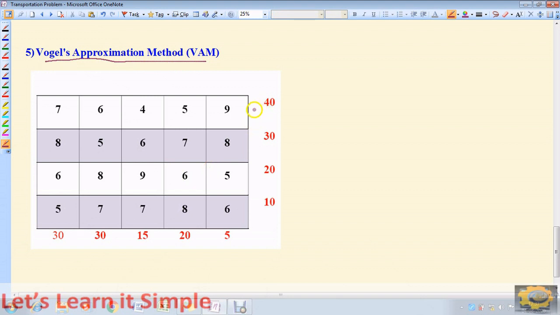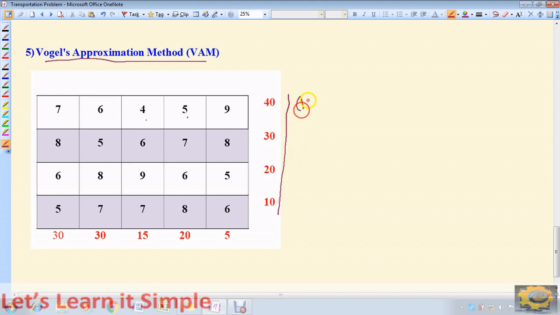Now by this method, in each of the rows as well as in each of the columns, we need to look for the least cost and next least cost. That is, in the first row, least cost is 4, next least cost is 5. The difference between these two is taken here as 1.